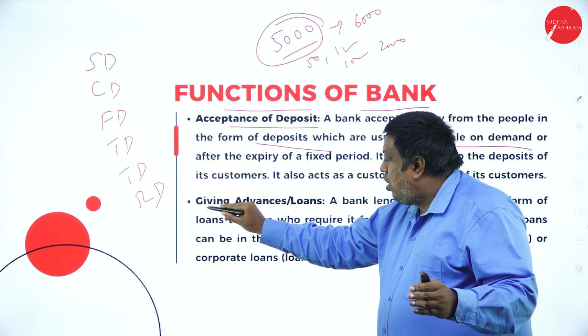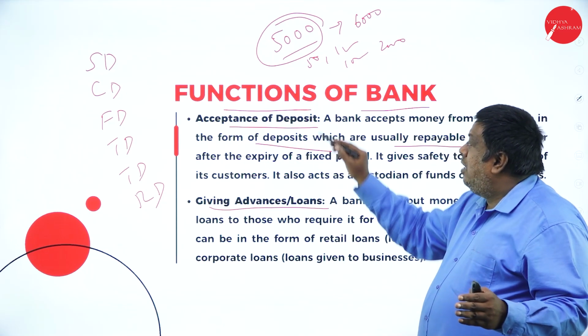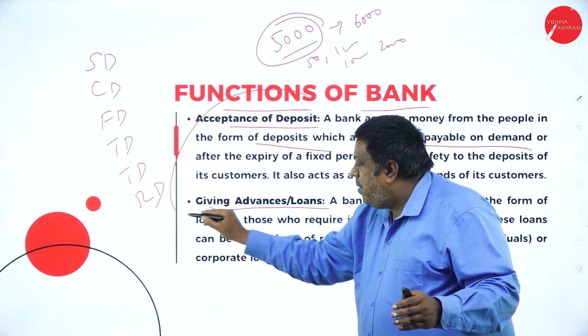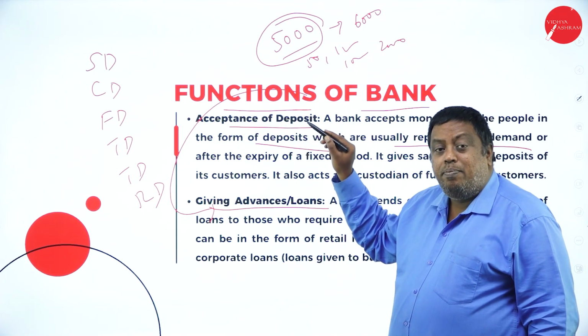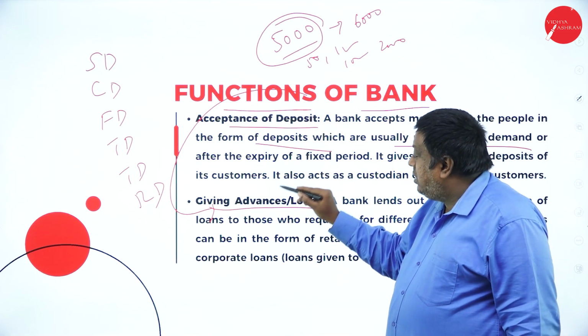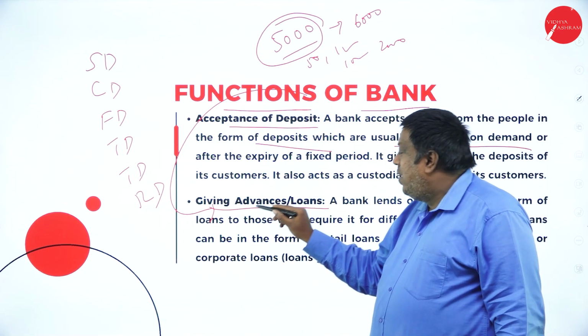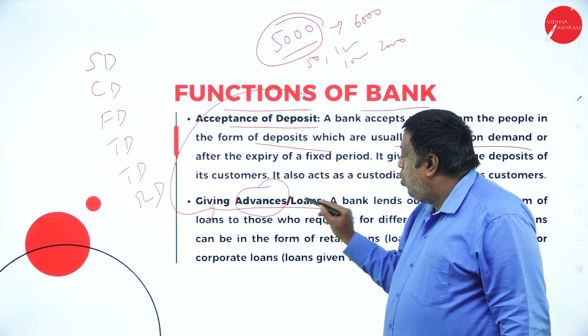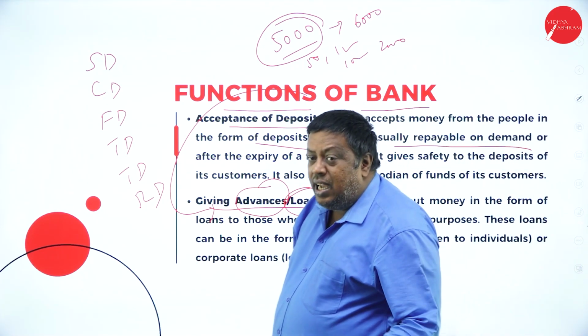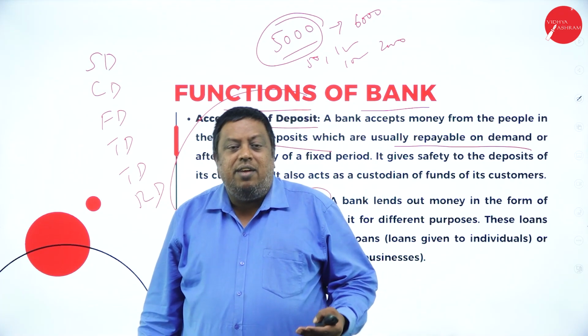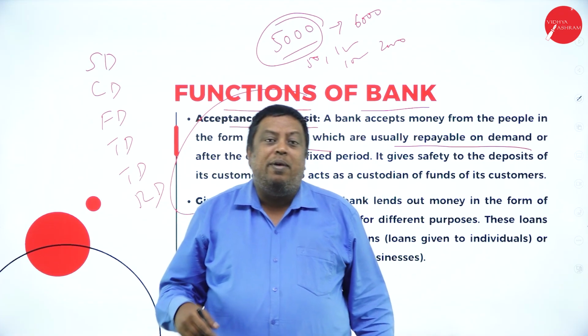The next concept that started, the main function of banking, was that after collecting the amount from the public, they started to provide the same in the form of advances and loans to the public. If I collect the amount from the public and just keep it in the bank, there will be no benefit for me.